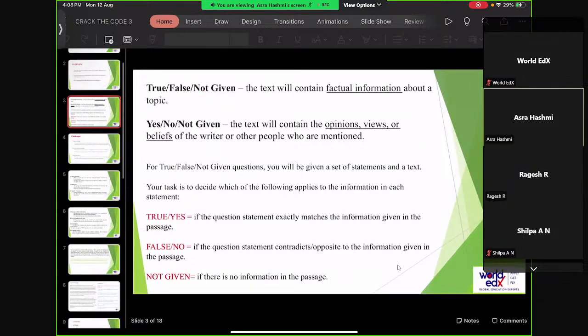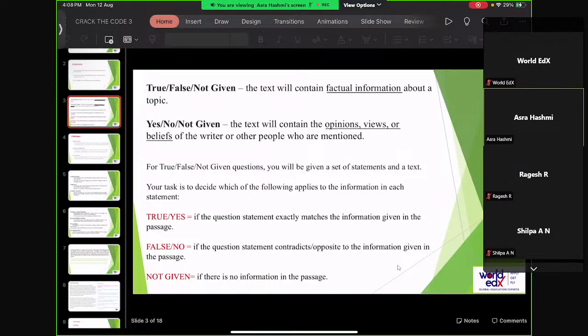Sure. See, these particular types of questions, like true, false, and not given, or yes, no, and not given, come in the reading section of the IELTS. Students find it very difficult to find the answers for these because they always use their prior knowledge. For example, suppose a person is working at Amazon and finds that the text has come from the Amazon warehouse.